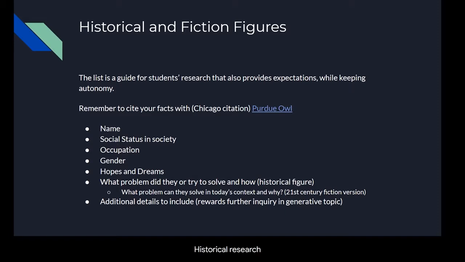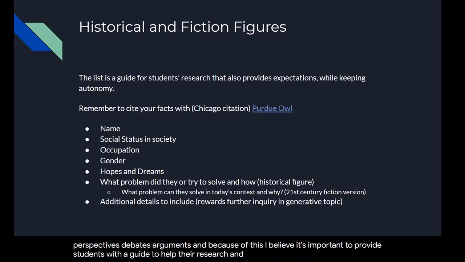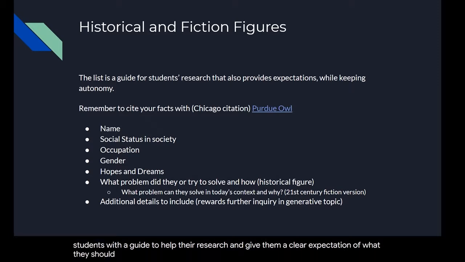Historical research covers a lot of ground and a lot of different information, perspectives, debates, arguments, and because of this, I believe it's important to provide students with a guide to help their research and give them a clear expectation of what they should be looking for and recording together as a group.